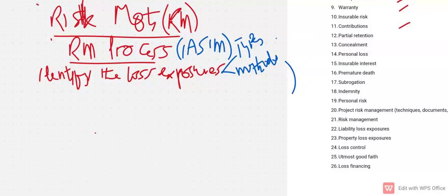Now the next is the S. I'm taking my time because this is quite technical. This is very difficult sometimes, and we'll solve past questions. The A is next. After identifying the loss exposure, the next is you have to analyze the loss exposure.